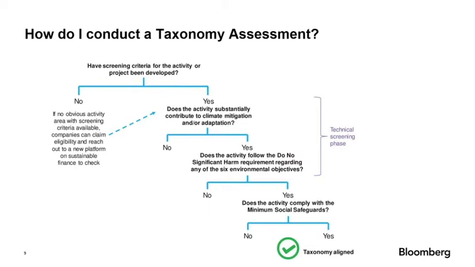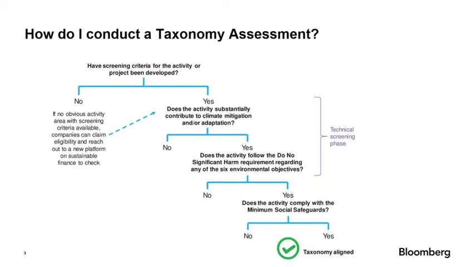And if you choose to take a potential alignment figure, to demonstrate this, you should really explain which technical screening criteria couldn't be verified and why, the nature of due diligence that they have conducted, if they've engaged with the company directly, what the results were, and if they've used any estimates or proxies in their data, how they have been calculated or arrived at.